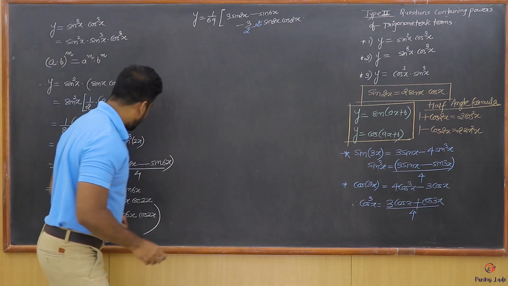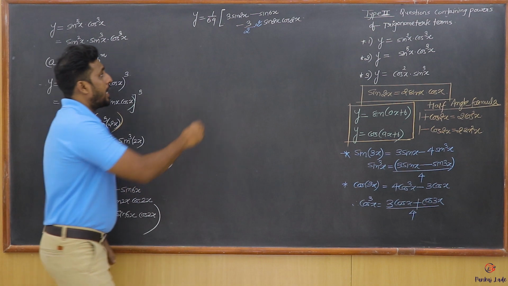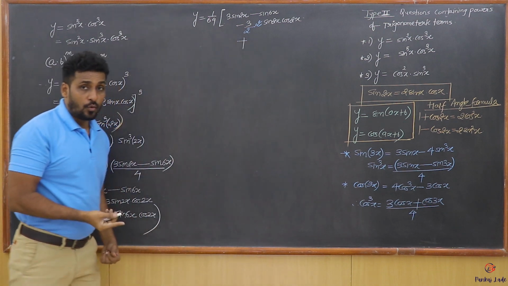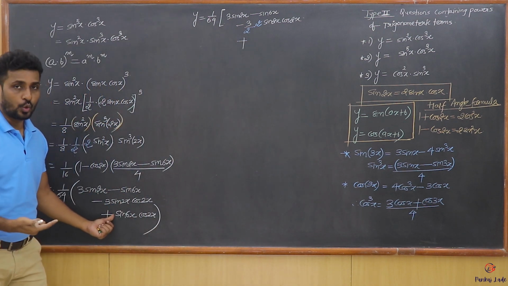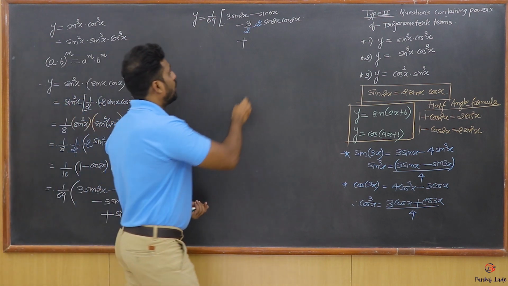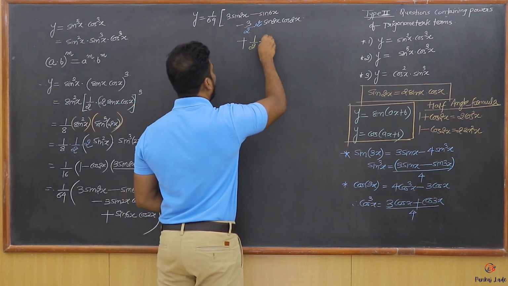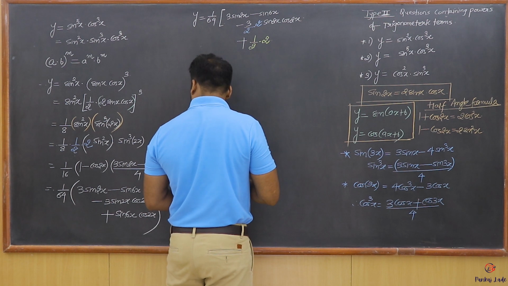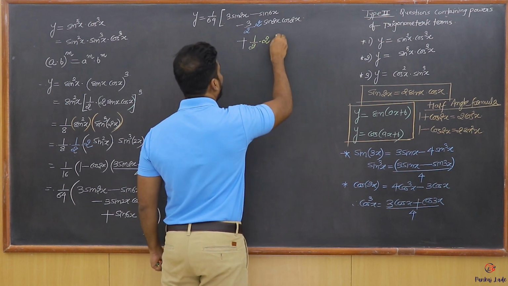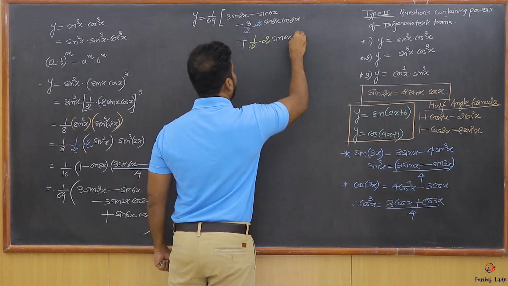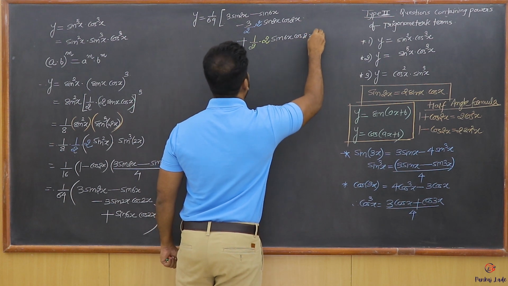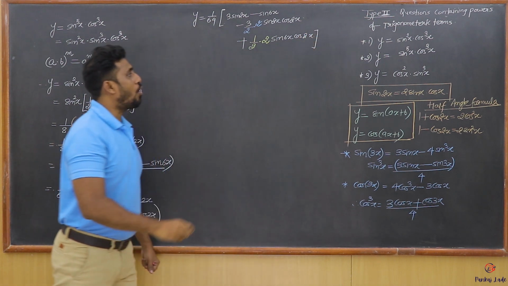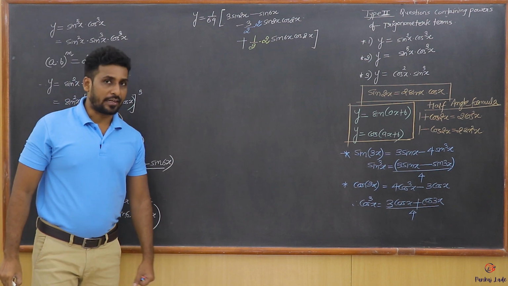So I write here, the sign is positive over here, so I write plus, and I'm going to bring the 1 by 2, isn't it? I need to bring the 2. So let's multiply and divide by 2. So I get 1 by 2 into 2, and the term that you have here is sine 6x into cos 2x. Now students, I am sure that you are already aware of the defactorization formula.